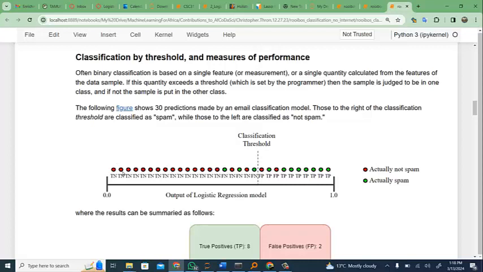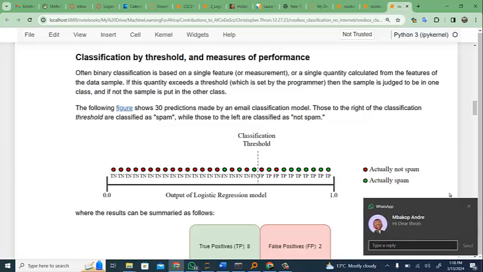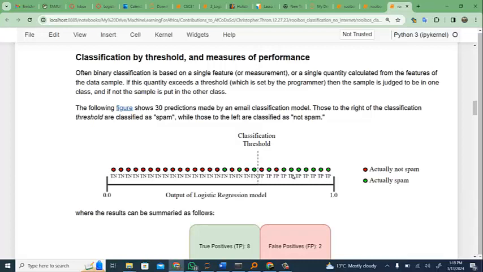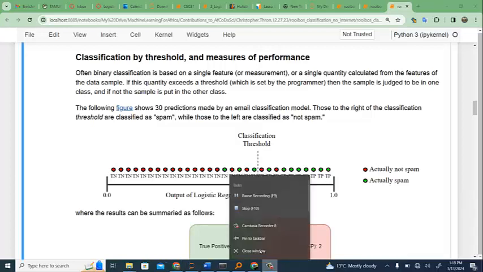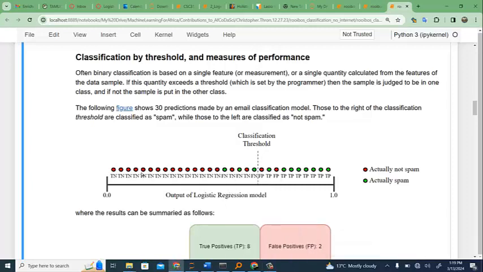But I want to set the thresholds in order. So I want to go from smallest to largest. These are in order, and I'll be setting my thresholds at different values in increasing order.